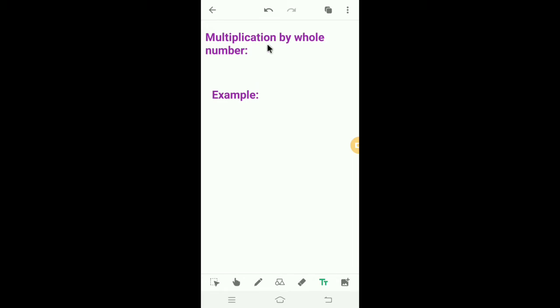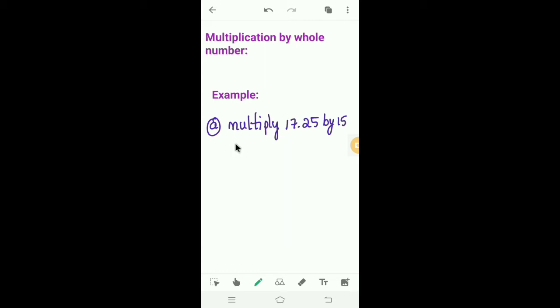Let's learn multiplication by whole number. For example, multiply 17.25 by 15.